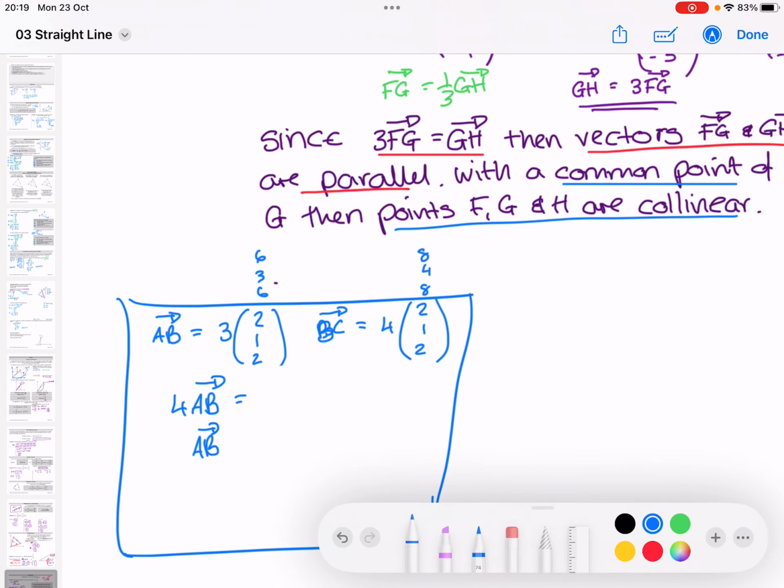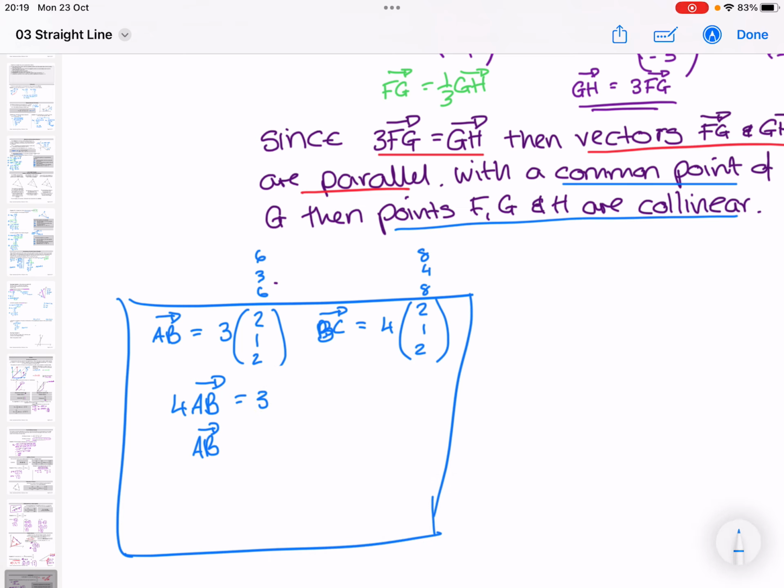So that would be the 3 BC, but it would be 3/4 of BC, because you have to remember to flip it upside down. Or you could say that it would be 4/3 AB is equal to BC. You would see them in both ways. I prefer just switching and cross multiplying. That's how I do it.